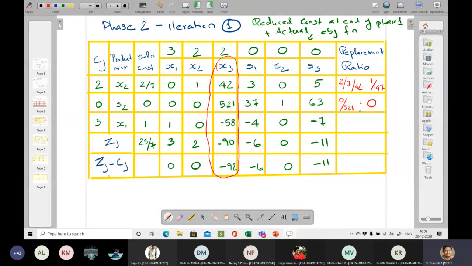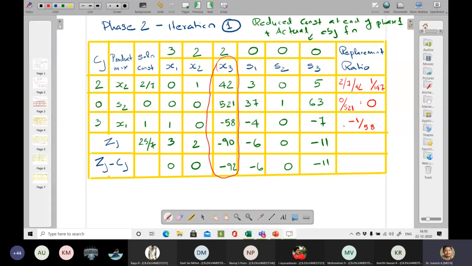Now, which is my key row? S2, sir. Yeah, okay. So I told you we have to consider the lowest positive or 0.